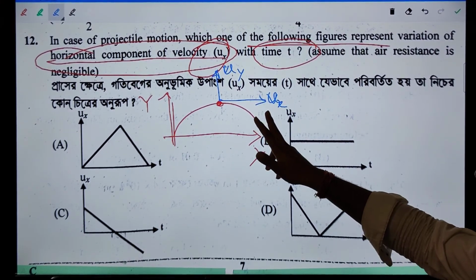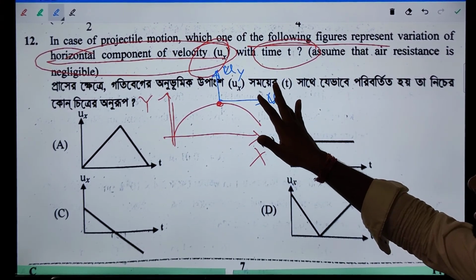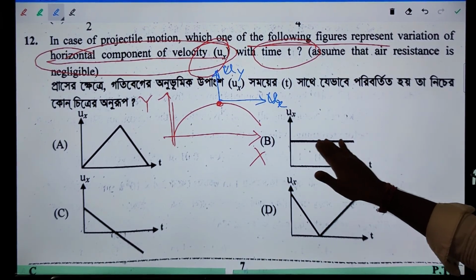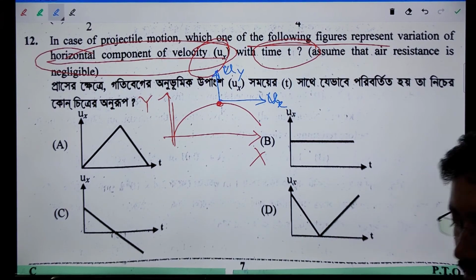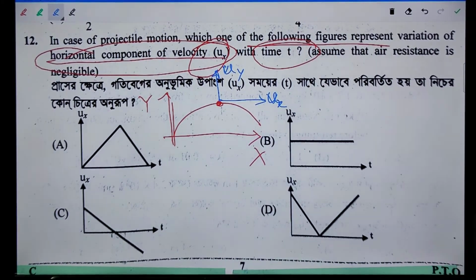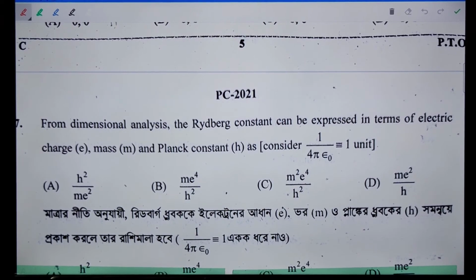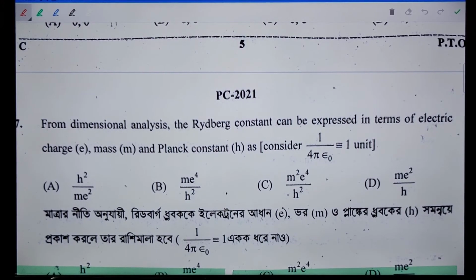So time will not have any effect on the x component of the velocity. So here this B option will be our correct answer. So let us move to the next question.